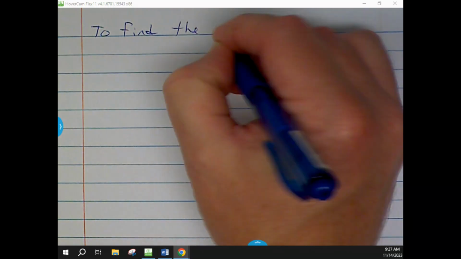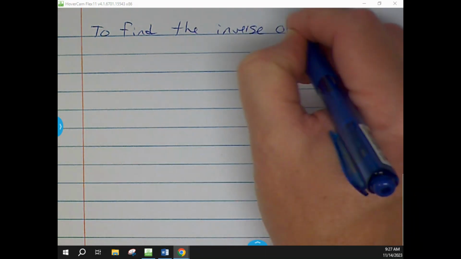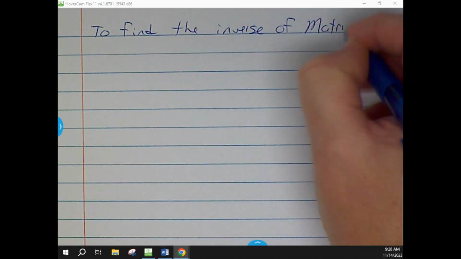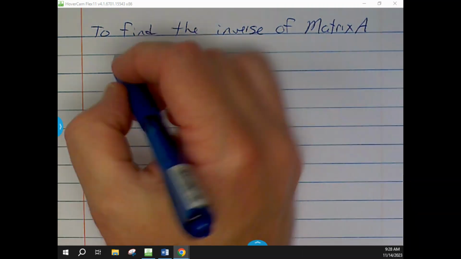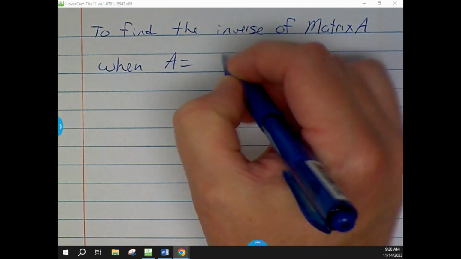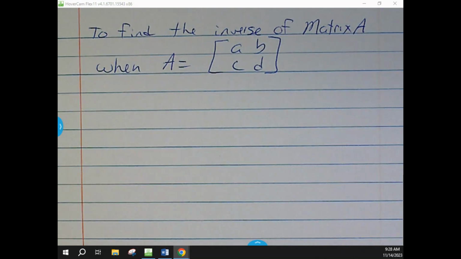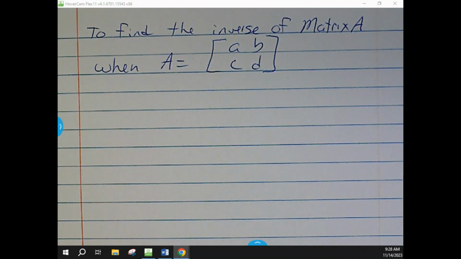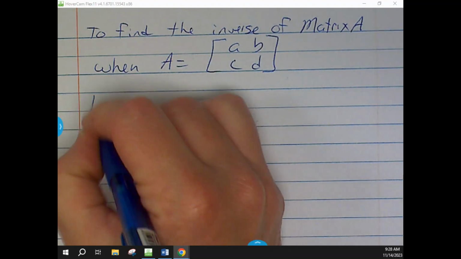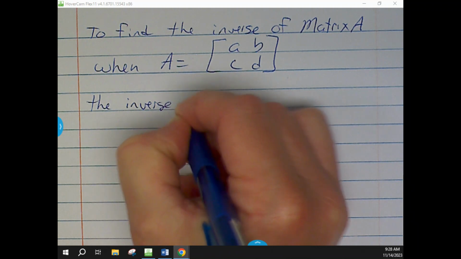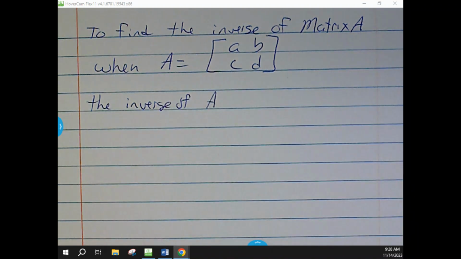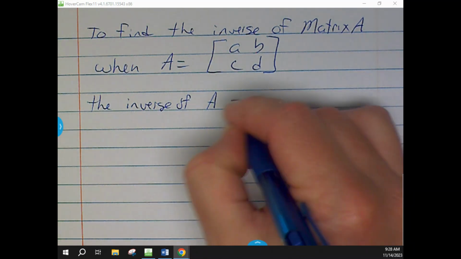Okay, here's the last big thing of the day. To find the inverse of matrix A, when A equals, and we'll just go back to our letters, A, B, C, D. The inverse of A, and again, inverse is going to be A negative 1.